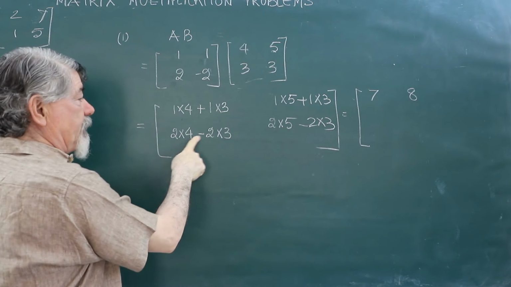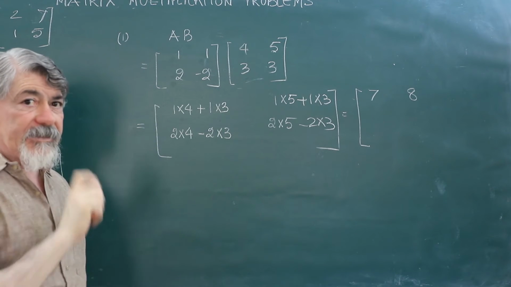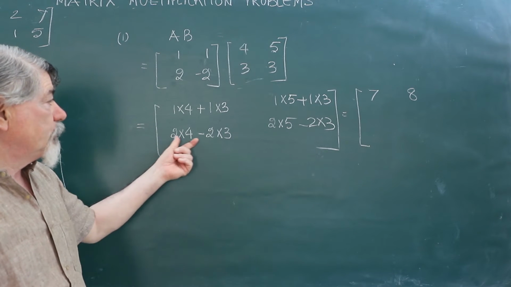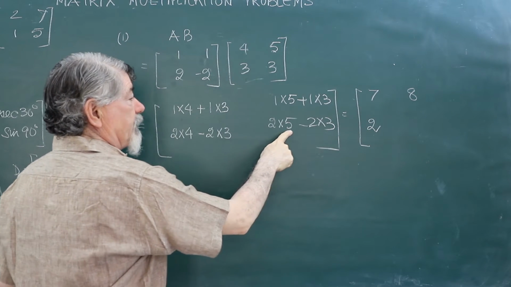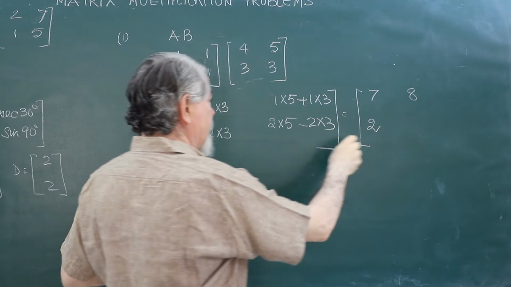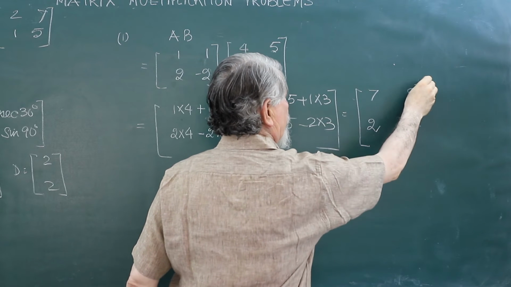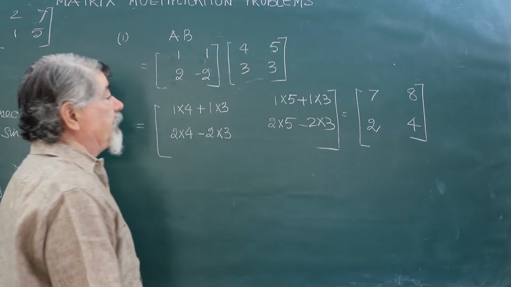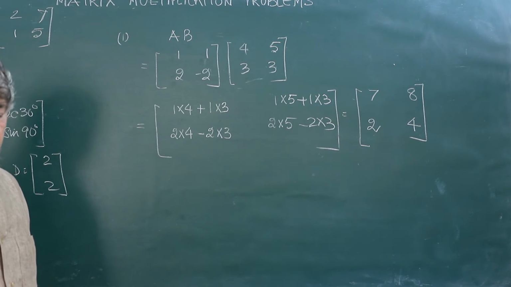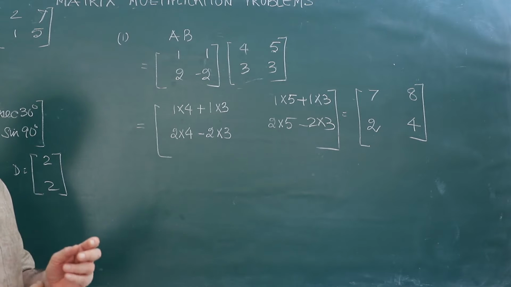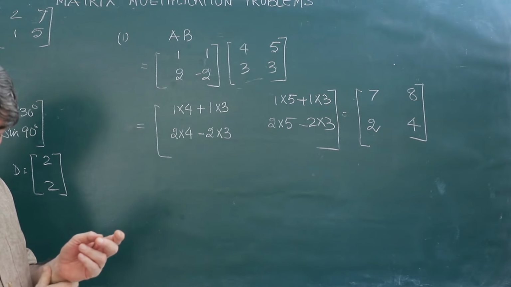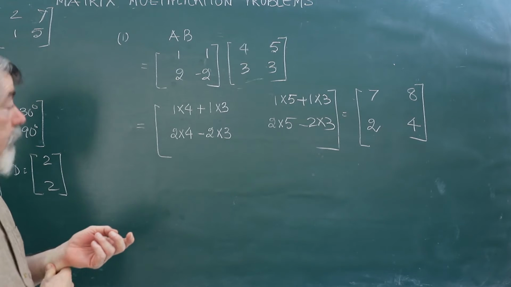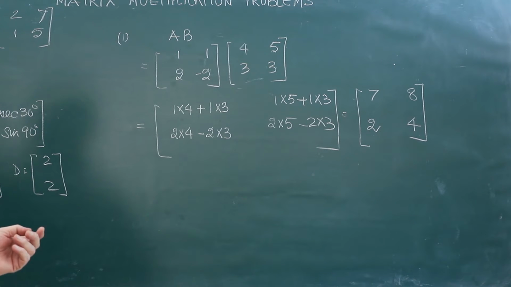Then 2 4s are 8, 2 3s are 6, and there is a negative sign in between, so 8 minus 6 will be 2. 5 2s are 10, minus 6, 10 minus 6 is 4. So A into B comes out to be 7, 8, 2, 4.